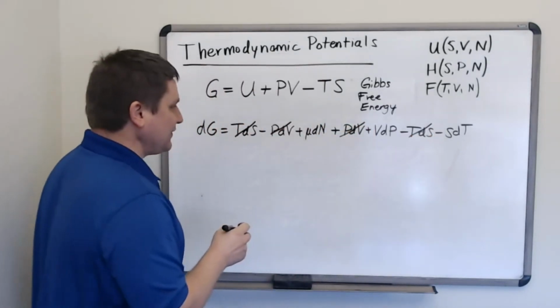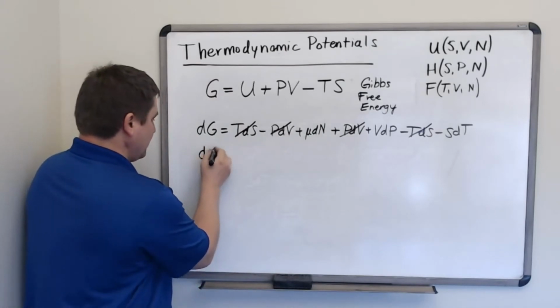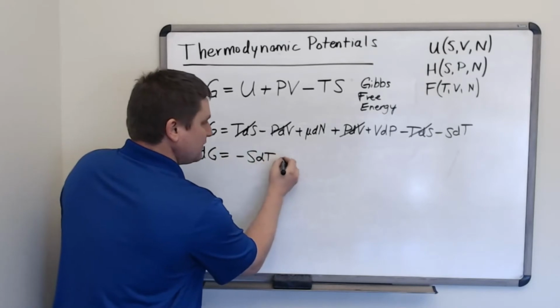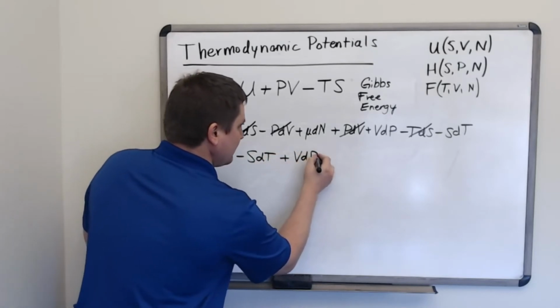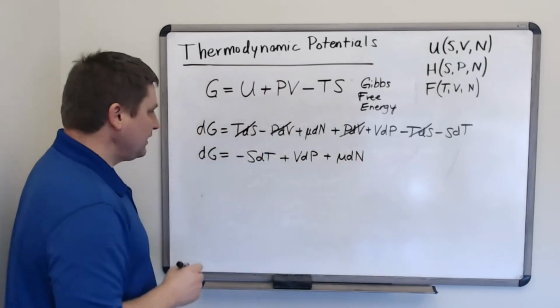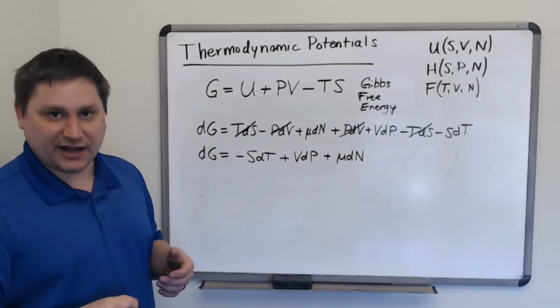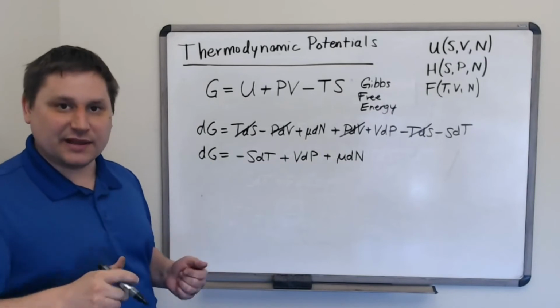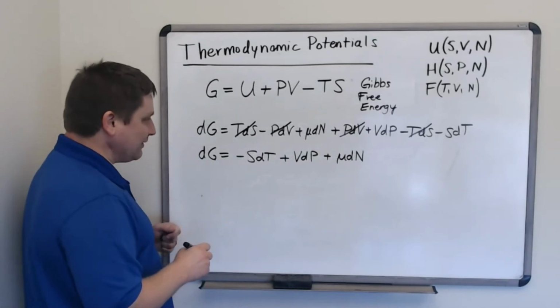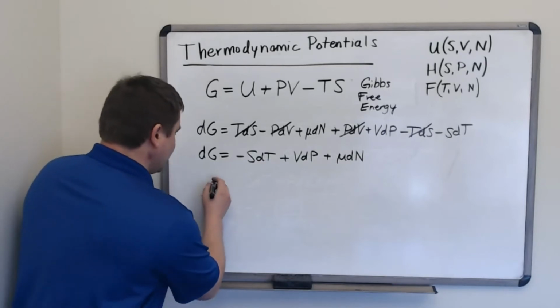So we're always left with three. We have minus S dT plus V dP plus mu dN. This is the fundamental thermodynamic identity expressed in terms of the Gibbs free energy. Let's write out the derivatives. At this point, we should be able to almost guess what they are without talking.